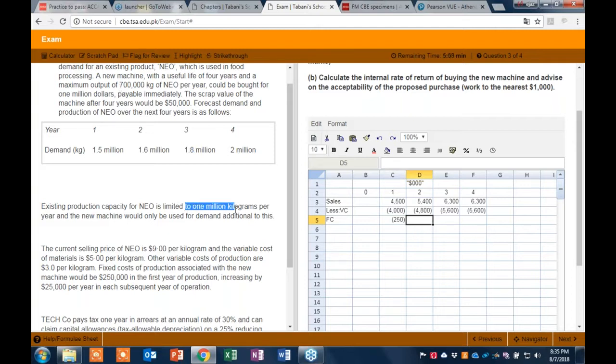So even if it does not invest in this project, it is still able to produce 1 million. So 1 million is out of the question. The additional capacity that it will be able to utilize because of this technology will be these additional kilograms that it can produce with the help of this new technology. So that's why for the third year and the fourth year, the additional sales will be 700,000. Clear?